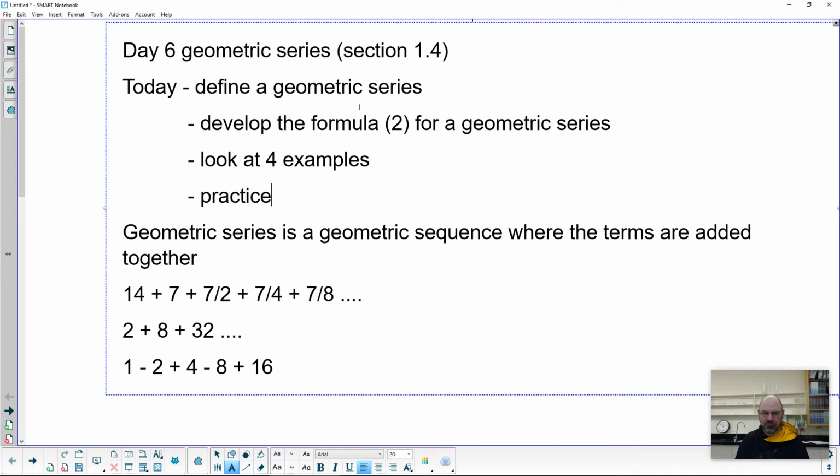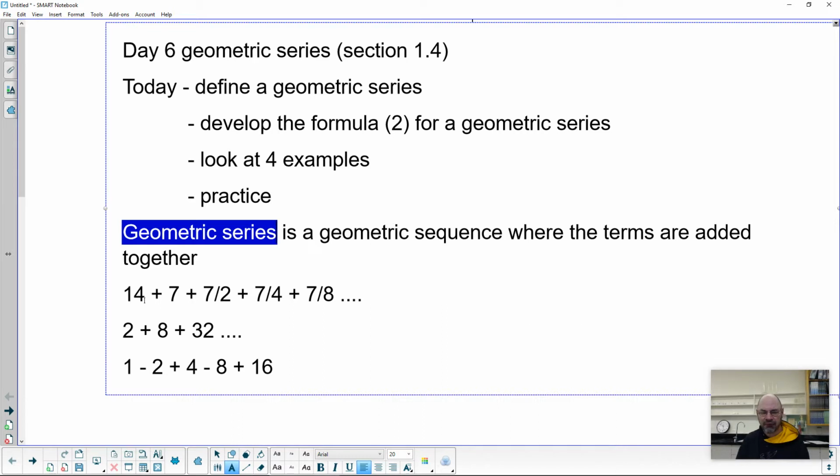What is this geometric series? When I say geometric series, I'm basically saying that it's a sequence. And remember that a geometric sequence is when you have a term and you multiply it by a common ratio and you keep going up, up, and up, where the terms are added together.